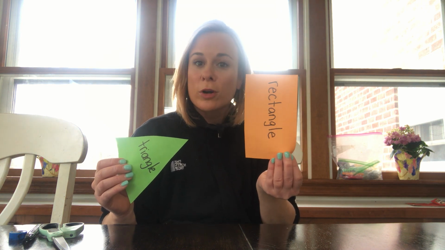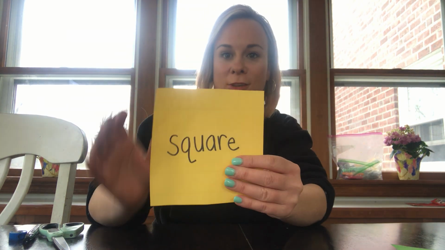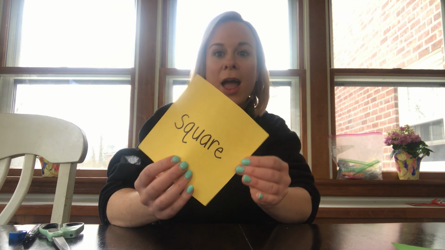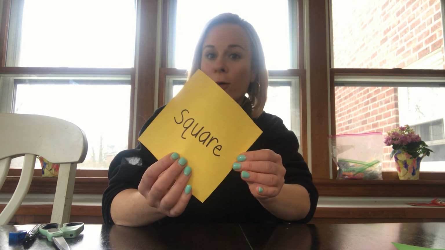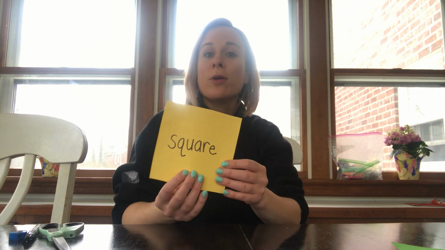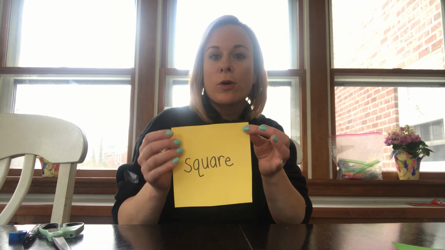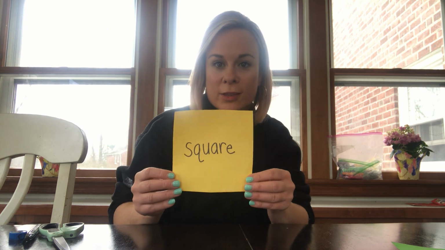But you have to remember, in the rectangle, it's 2 longer sides and 2 shorter sides, and in the square all the sides are equal. So again, it doesn't matter how this shape is turned or the size of it. It just matters how you can describe it. If it has 4 equal sides and 4 vertices, you know that this is a square.